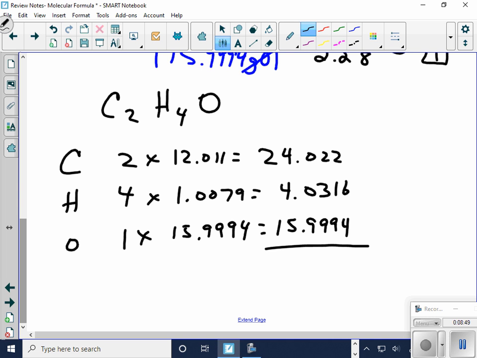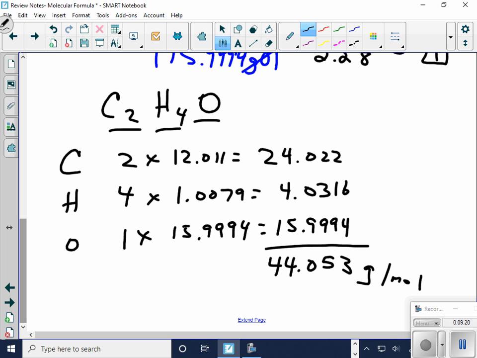So when I add those up, I get a value of 44.053. So that is my molar mass of C2H4O.